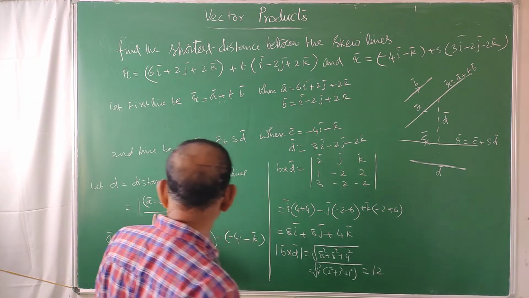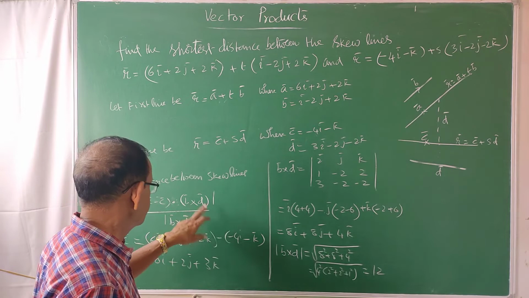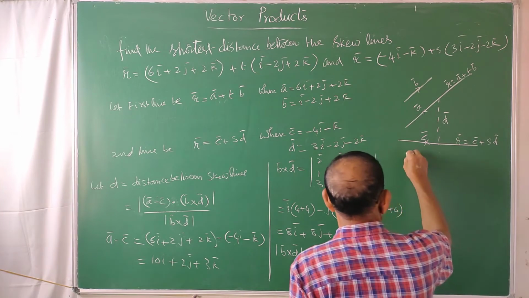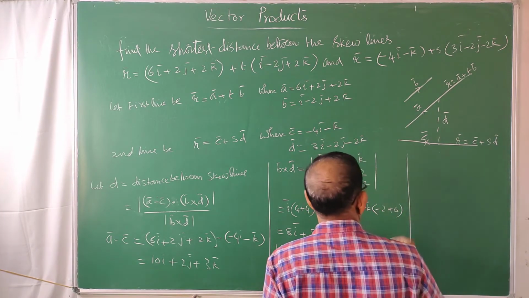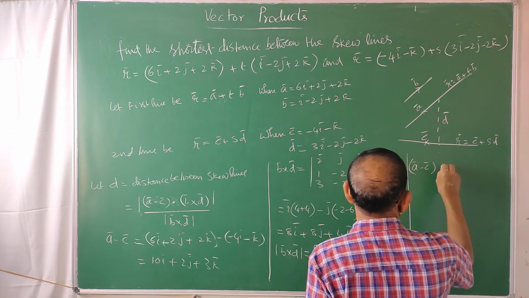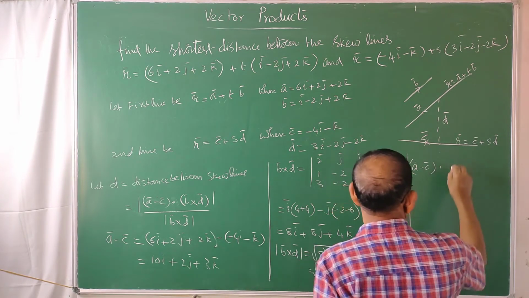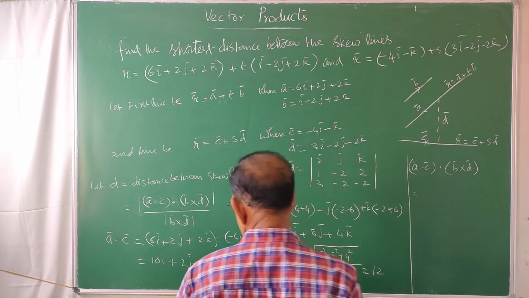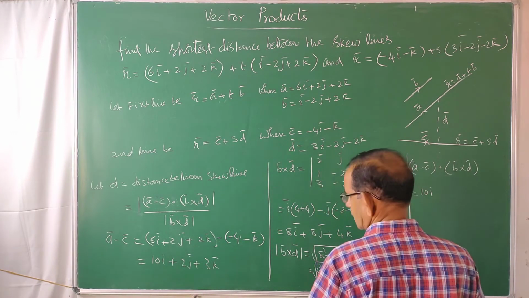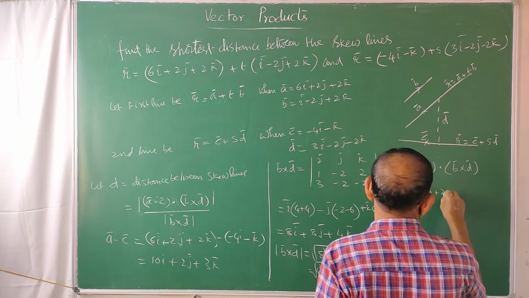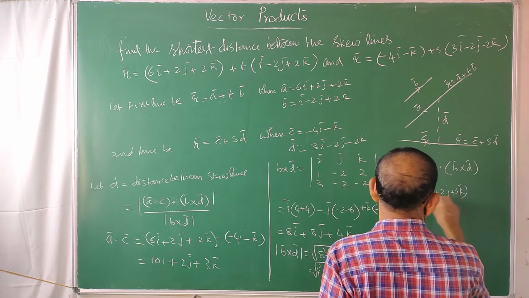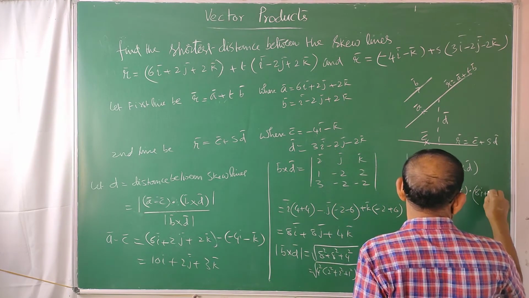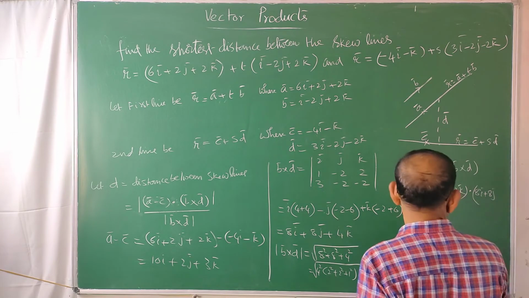Now we have to find the dot product of a bar minus c bar dot b cross d. A bar minus c bar is 10i plus 2j plus 3k, dot b cross d, which I just calculated as 8i plus 8j plus 4k.